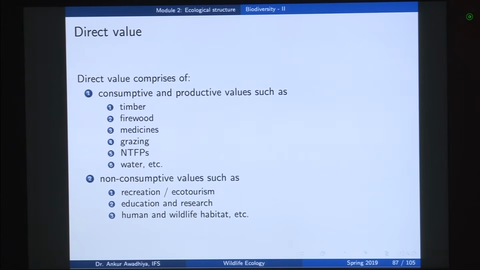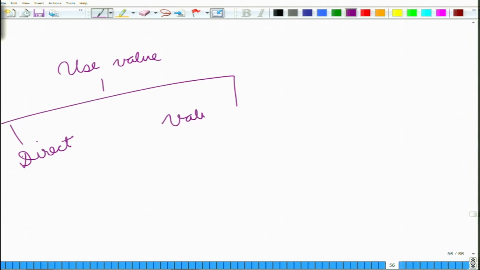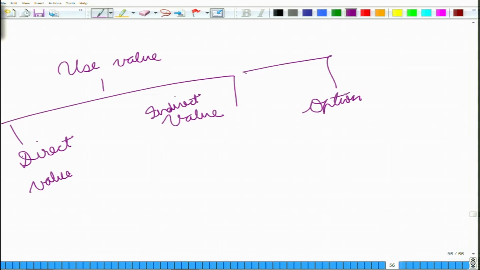So, we had use value, and use value is divided into the direct value, the indirect value and the option value. Now, these are the three use values. So, what is direct value? Direct value comprises consumptive values and non-consumptive values.